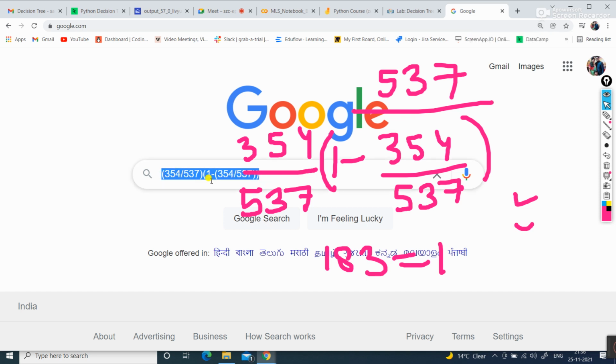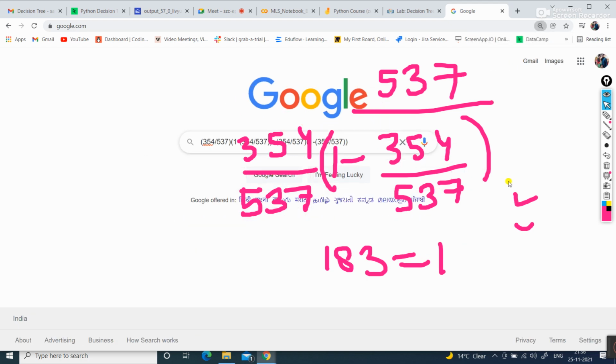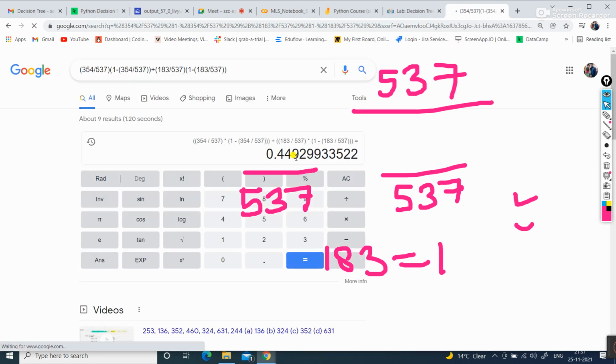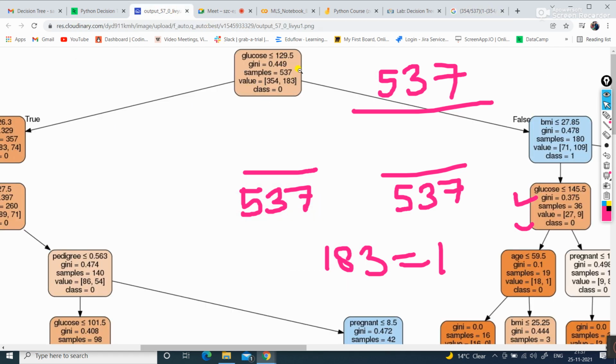Control C, then control V. What is the next value? 183. I will have to remove this thing. Then 183. It gives 0.449. Is it 0.449 here?